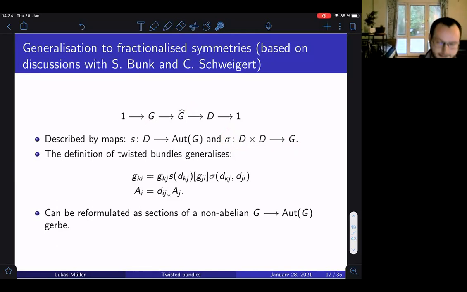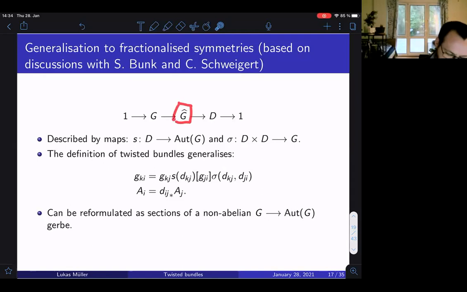And then we can define twisted bundles as before, as being lifts. Now I have a D bundle on my surface, and I can ask it to lift to a G hat bundle. And we can write down what it looks like locally. And there we get, again, a twisted version of the transition functions.